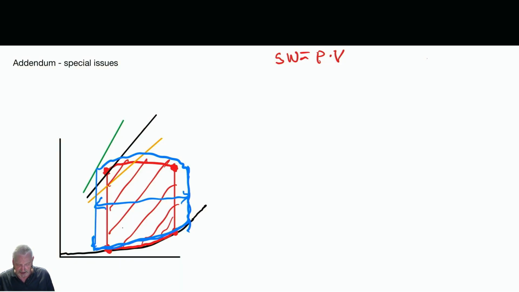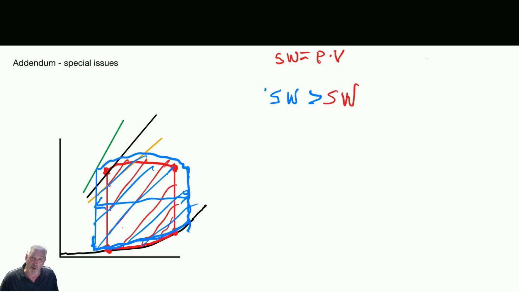And so you can see that the area of the blue loop is bigger. The stroke work of the blue is greater than the stroke work of the red, because the loop is wider.